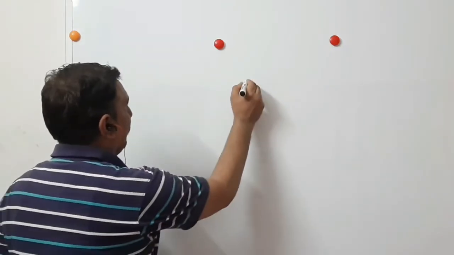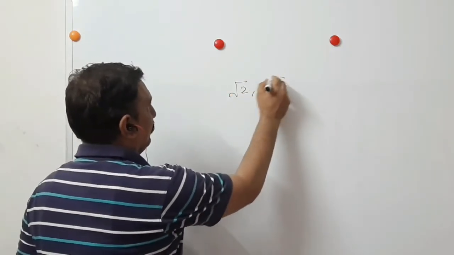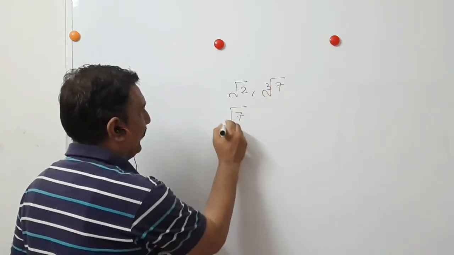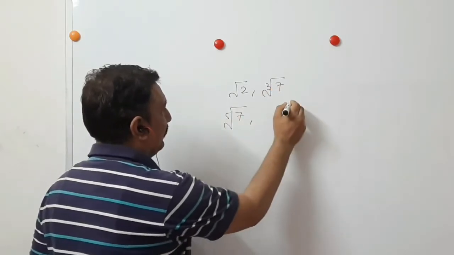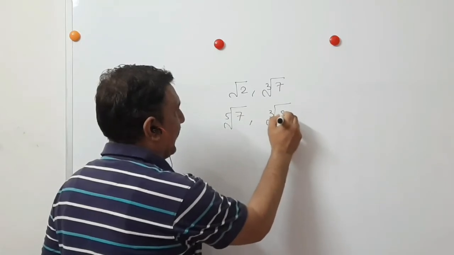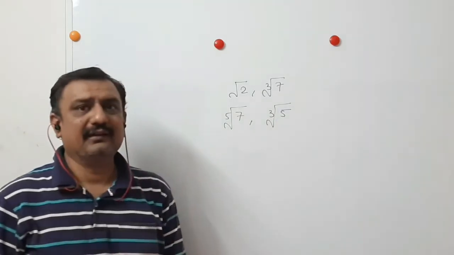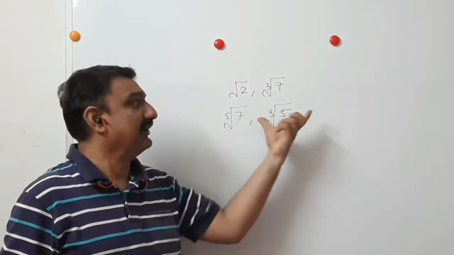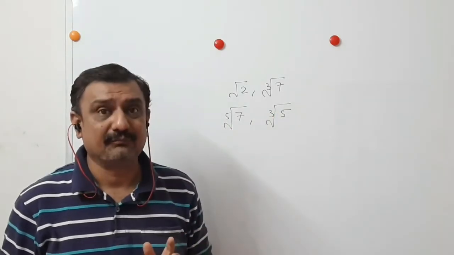Suppose you take root 2, cube root of 7, fifth root of 7, cube root of 5, then these are purely irrational values. So these are called simple surds.